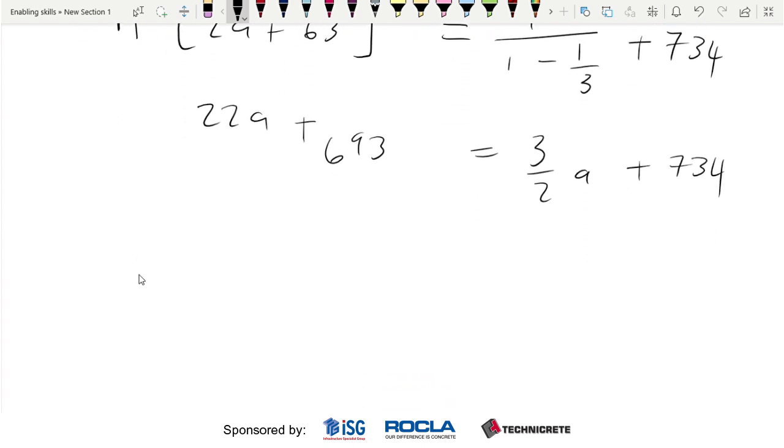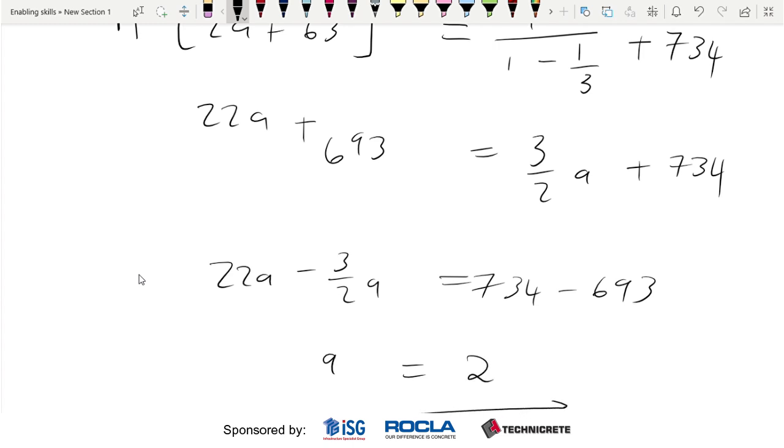And if we bring all the a's to the left hand side, we have 22a minus 3 over 2 a. And if we take 693 to the other side, we'll have 734 minus 693. And 22 minus 3 over 2 a is going to come up to a equal to 2 if we simplify this on our calculators.